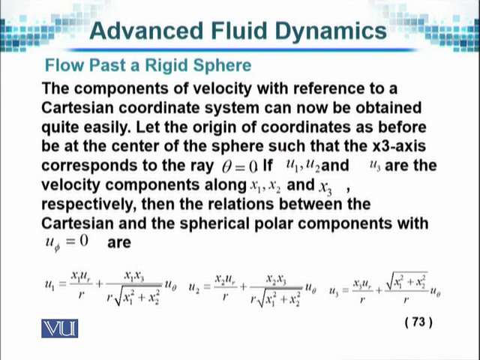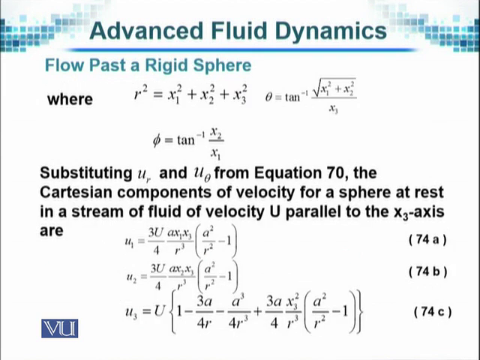For we can see that if we take u1, u2 and u3 to be the velocity components in the x1, x2, x3 directions, the three coordinate directions, then of course we have r squared, if there is a vector r with components in these three directions, given by this.